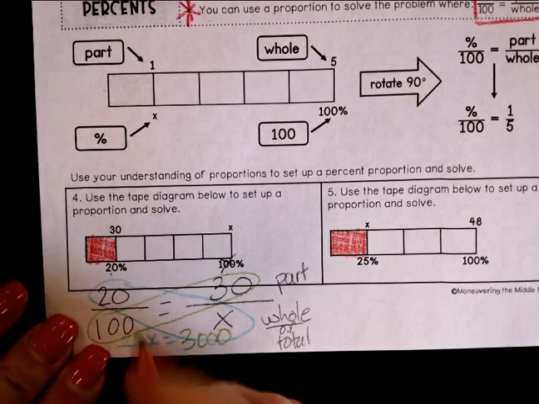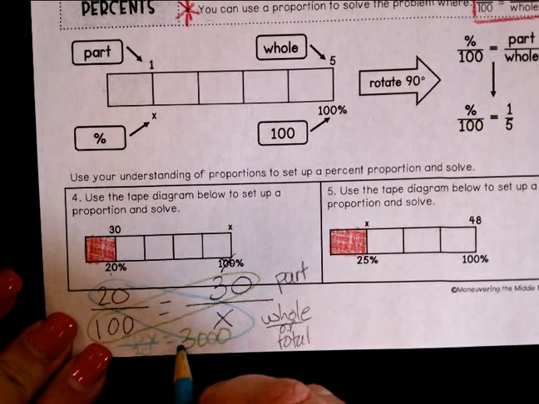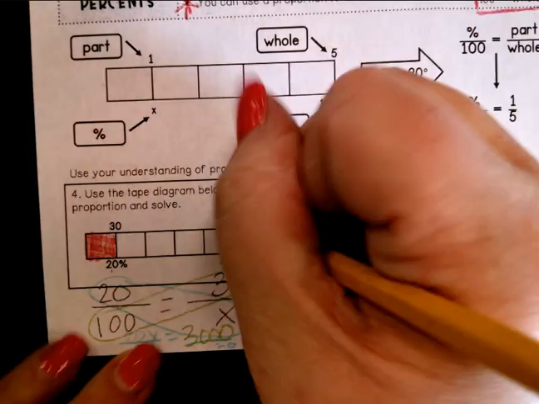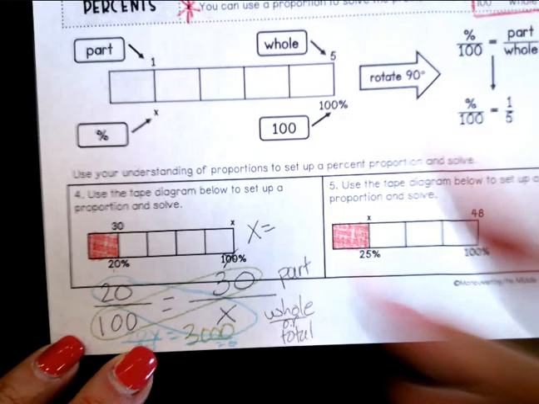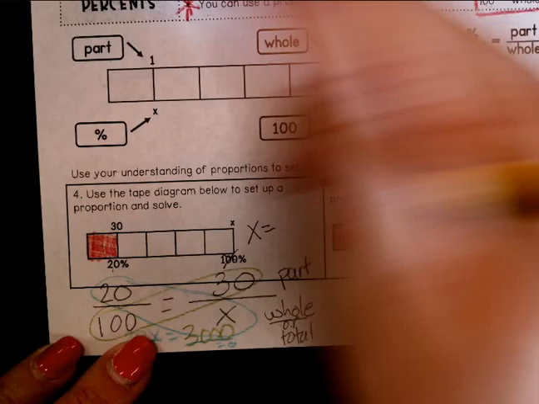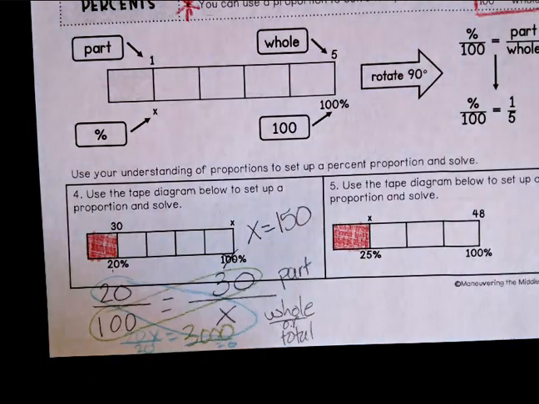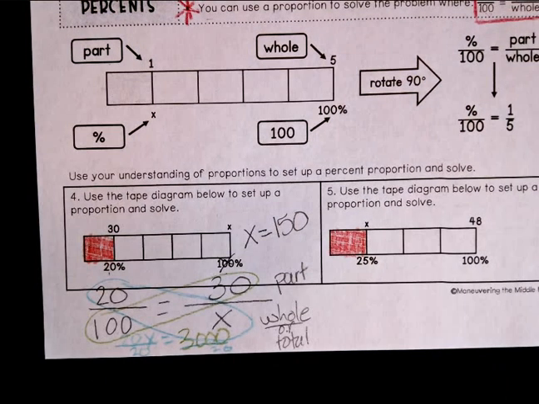Which is? I divide by 20. Which leaves me with what? X equals what?